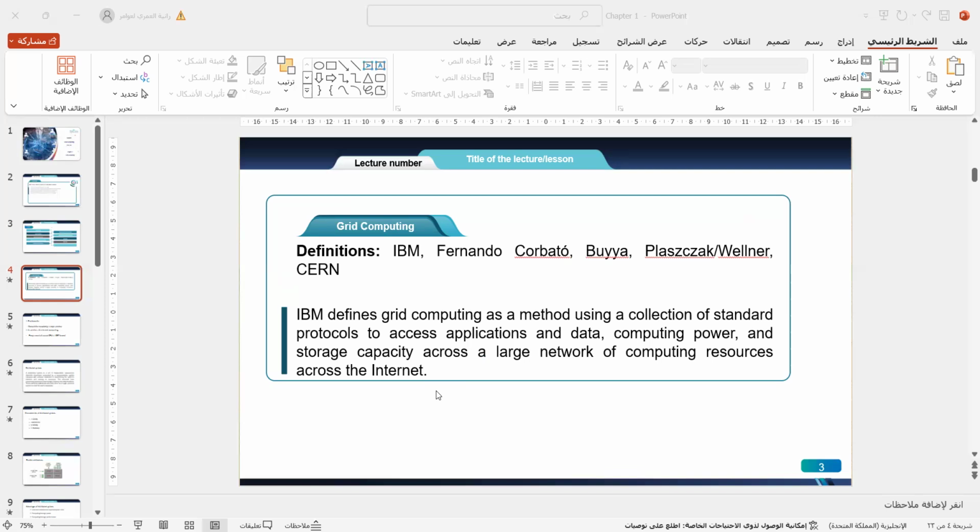In fact, a typical grid computing network consists of three main machine types, which are control node, known also as server, provider, known also as grid node, and user.